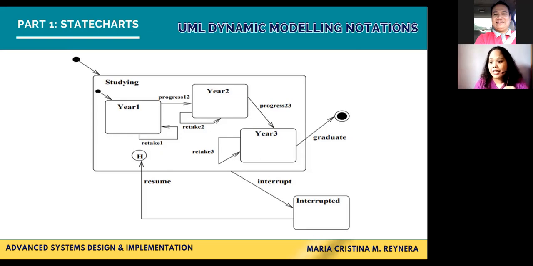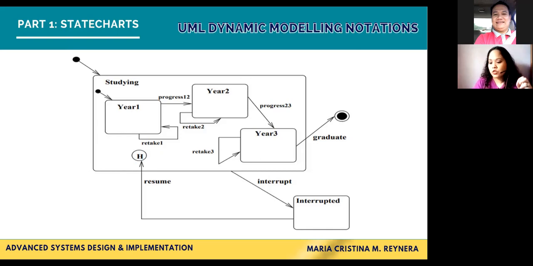That's why there's a letter H here with a circle. This diagram shows that the student needs to go back and repeat the level he or she did not finish. That's how we understand the diagram.